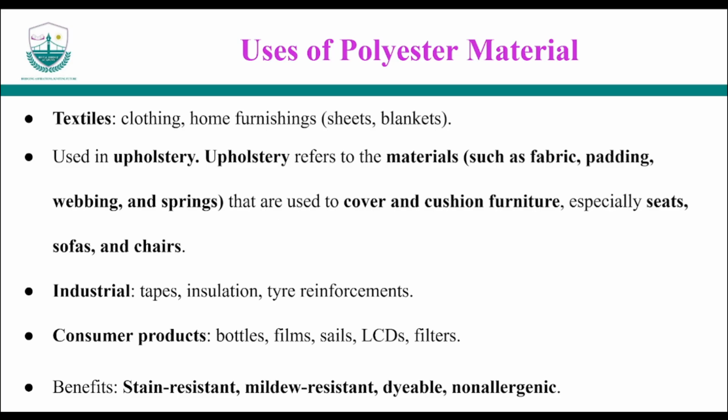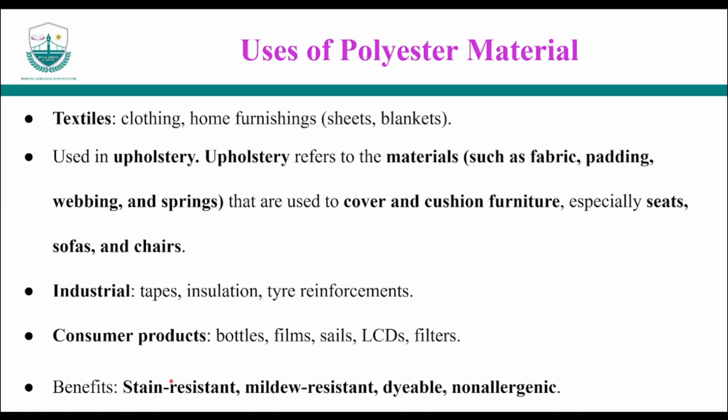You can have chairs or tables that are covered, and you can use polyester material to cover these sofas, seats, chairs. In industries, we can use polyester for tapes, insulation, and tire reinforcement. Bottles, films, nails, LCDs, and filters can still use polyester.